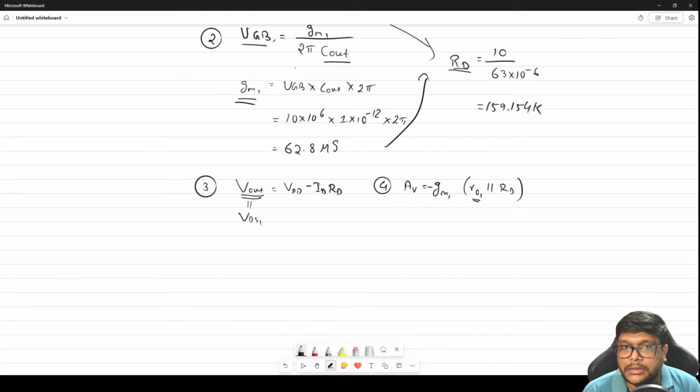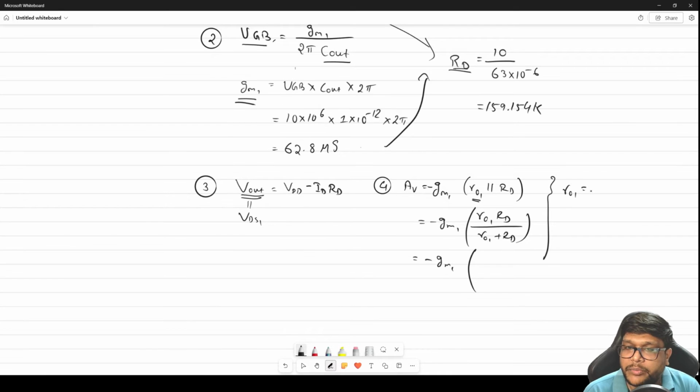For ro1, I can write 1 by gds. Okay, so if I go to this one, gm1 times ro1 RD divided by ro1 plus RD. So this is called minus gm1. ro1 is the output impedance of M1 and it is denoted by 1 by lambda ID.